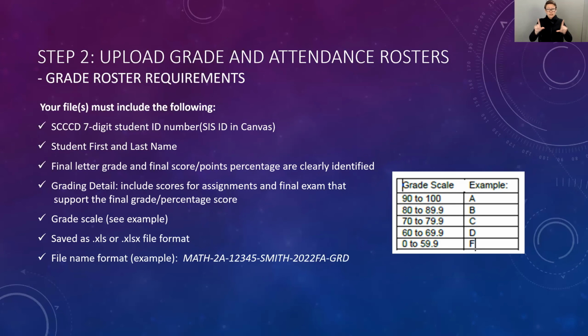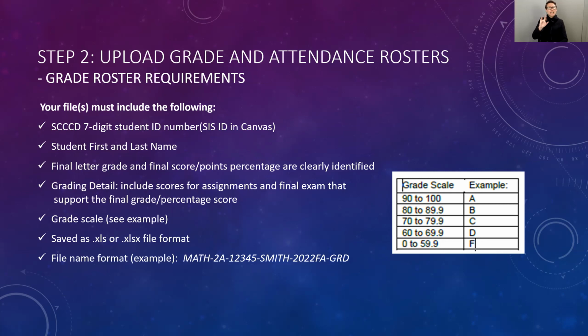So, requirements for your grade roster. We do need the following items on your Excel sheet. It has to be the student ID number, the State Center Community College District 7-digit ID number. Canvas will create its own ID, so the SIS ID column is the actual ID number for the student in our system.